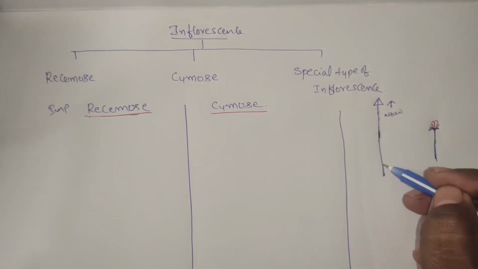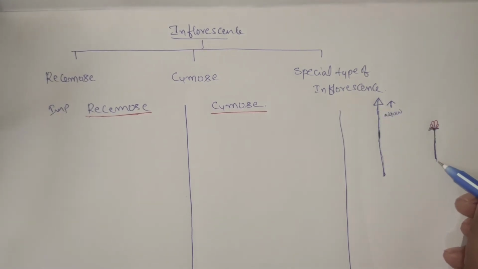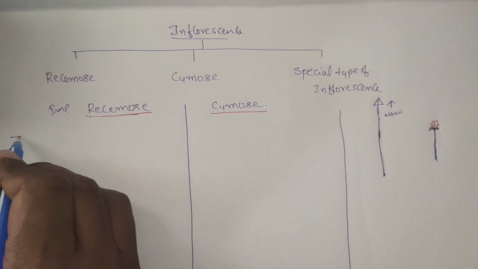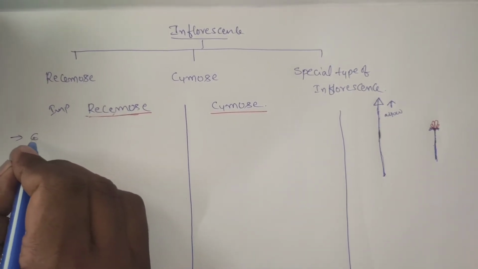One peduncle grows continuously day by day, and one peduncle grows for some time. Afterwards it stops with the formation of the flower.